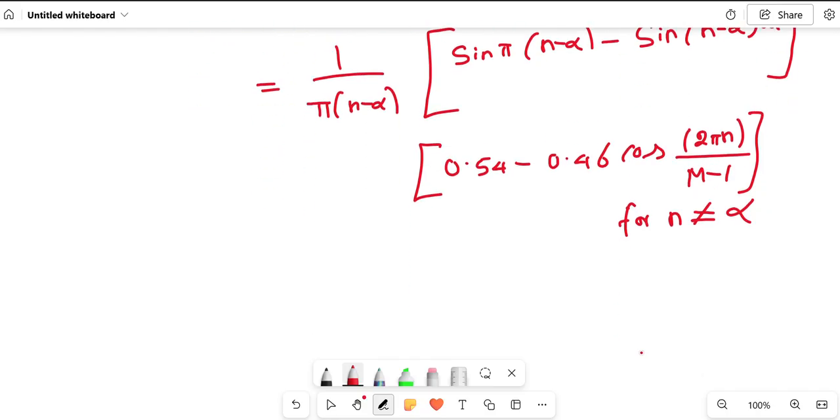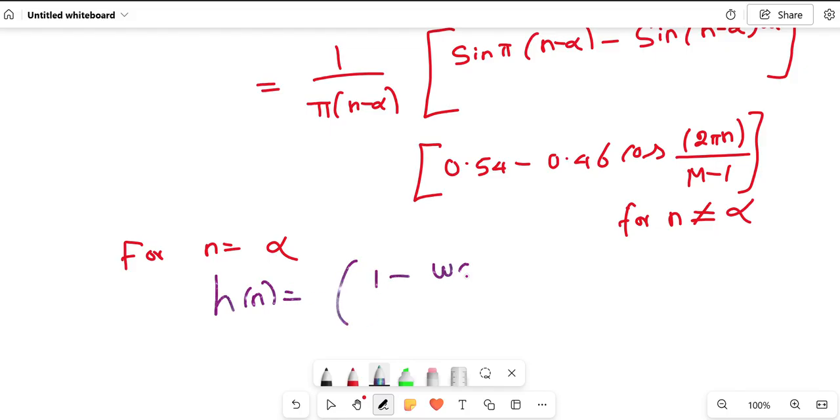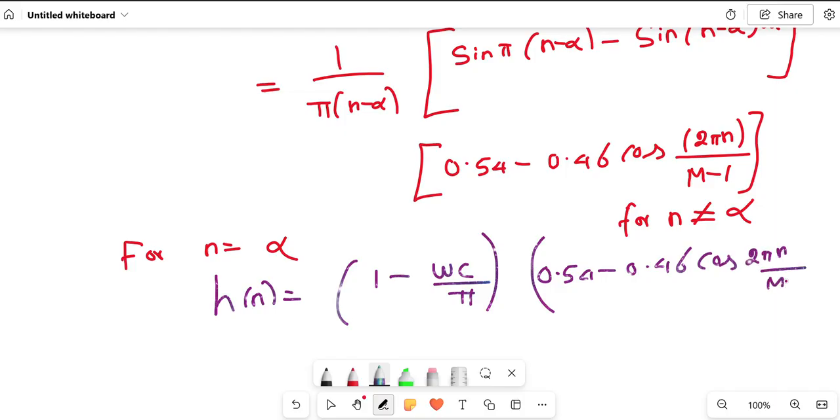Similarly, for n equal to alpha, h of n is equal to 1 minus omega c by pi, into 0.54 minus 0.46 cos 2 pi n by (M minus 1).